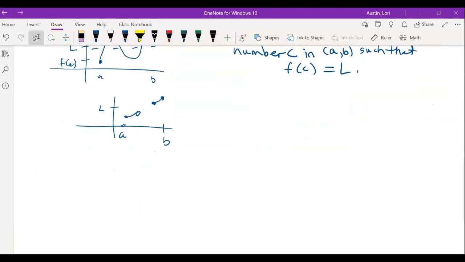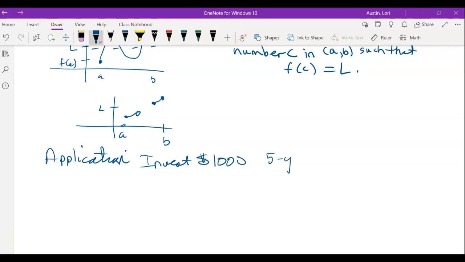We're going to do an interest rate problem here. Let's suppose you invest $1,000 in a 5-year savings account.